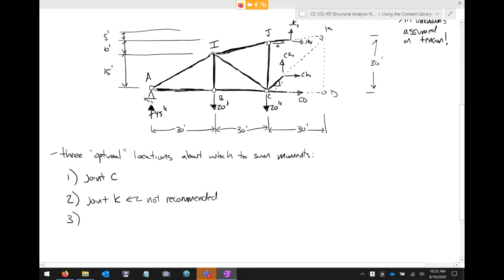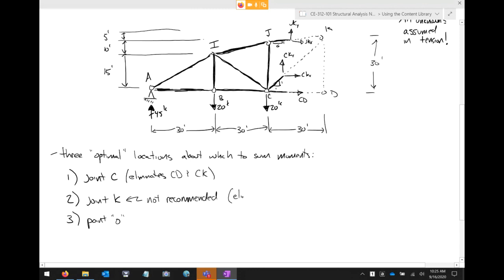The third option is, I'll call it point O or point X, whatever you want to call it. Think about what's going on. Joint C eliminates CD and CK.